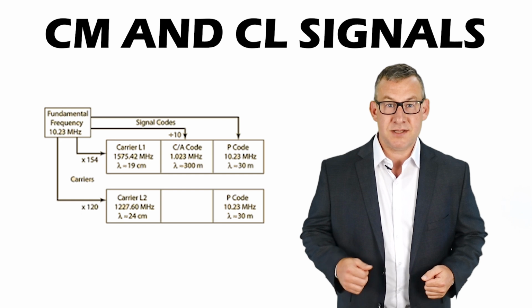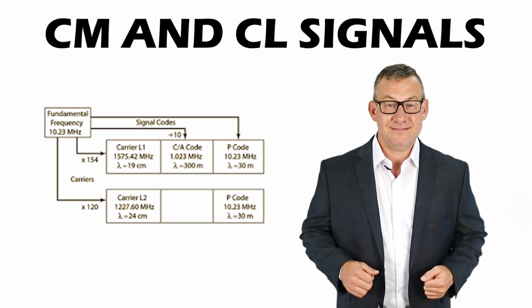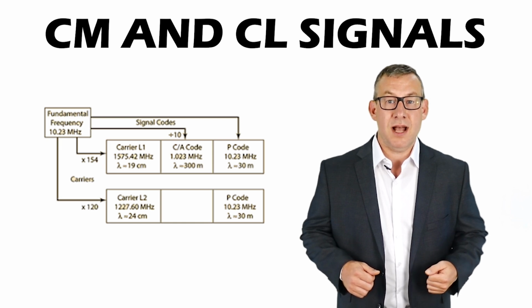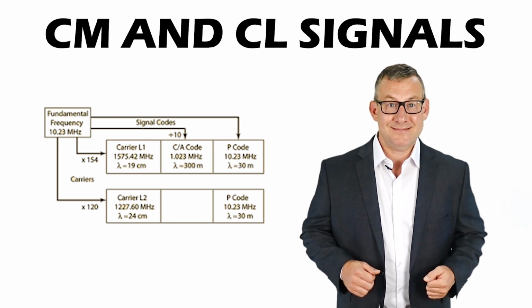CM and CL signals. CM and CL signals are modulated on the L2 carrier. CM stands for civil medium. CL stands for civil long.